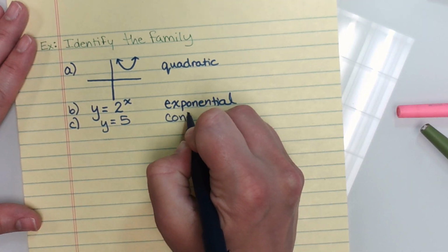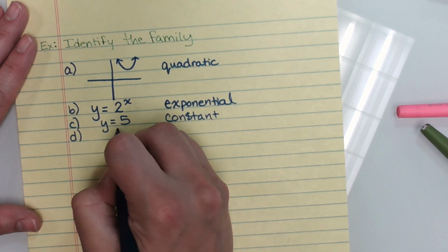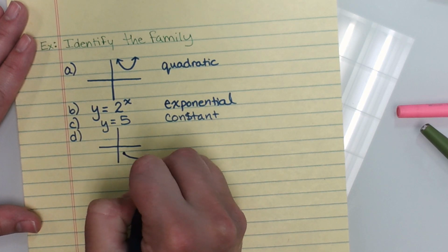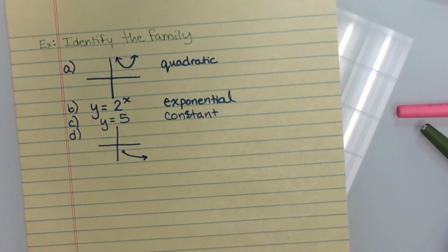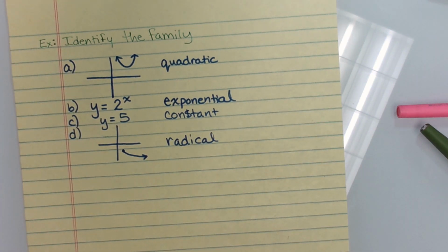Only one variable. Easy enough. A lot of it's just giving you a lot of information. But for the most part, what I'm actually asking you to do today is just recognize the family.